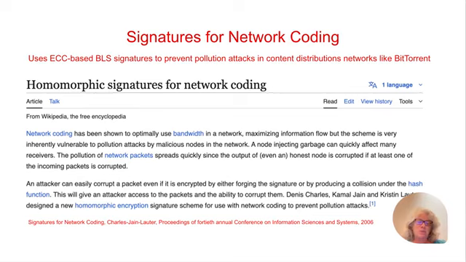Network coding was widely used for content distribution in peer-to-peer content distribution networks like BitTorrent. The way that peer-to-peer content distribution works is that many different peers divide up some content, like a movie, to be distributed, and it's divided up into packets.